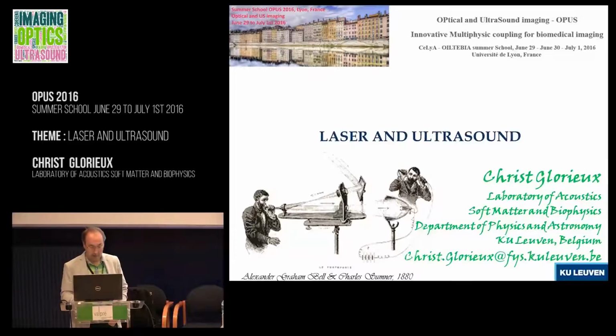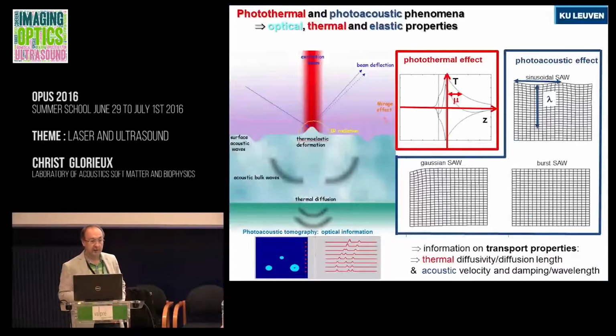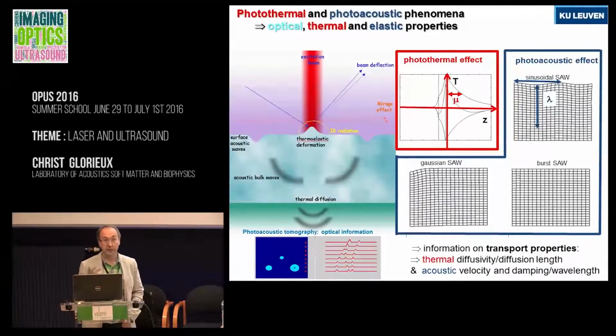And for that we actually use three effects. The first effect is optical absorption, which already means that we will have optical information in the signal. Then we have heating, and the heating is giving expansion. The heating itself is called the photothermal effect.